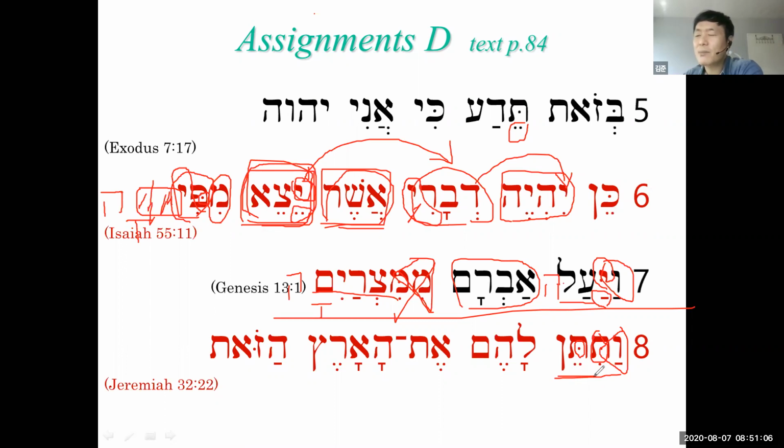And then the stem is, oh, Pastor, I can see the dagesh here. Then it must be PL stem. No, this dot appears because of the assimilation, not for the PL stem. So I told you, if you have this case, always prioritize dagesh assimilation. So in this case, it's not PL, but kal with assimilation.